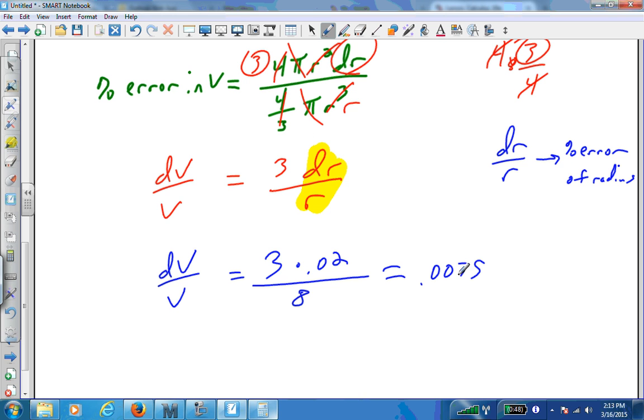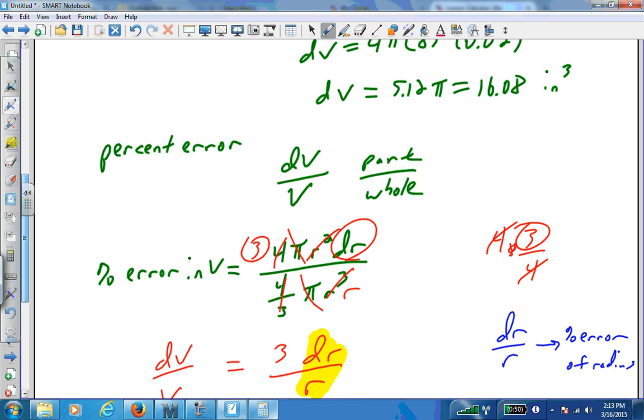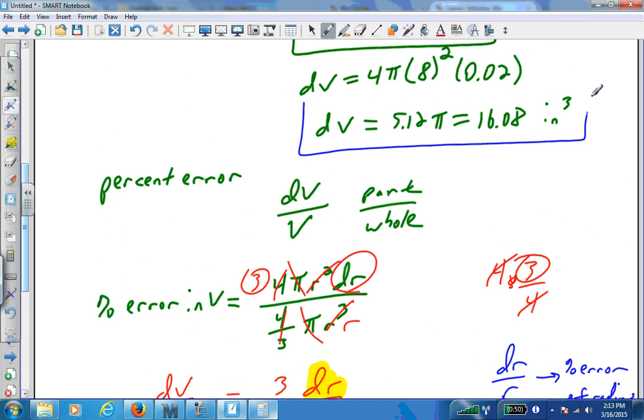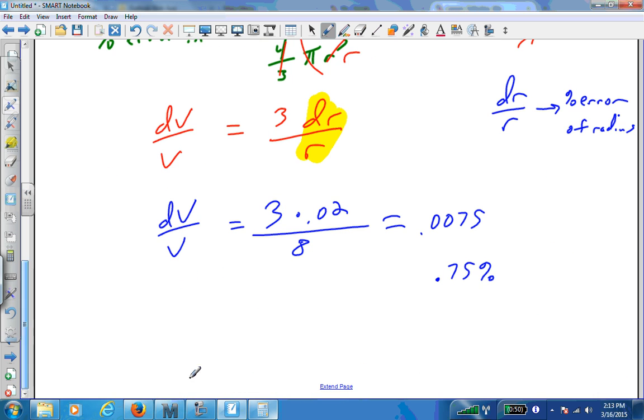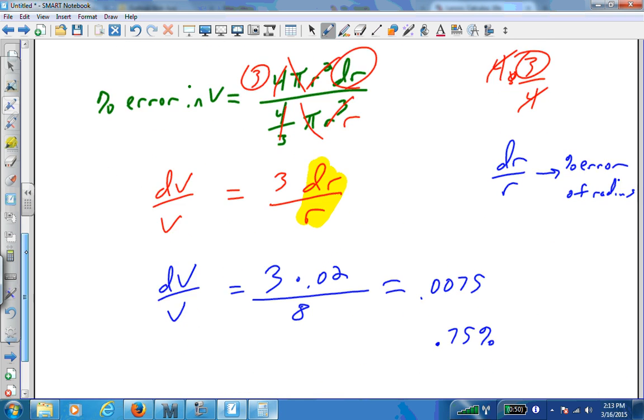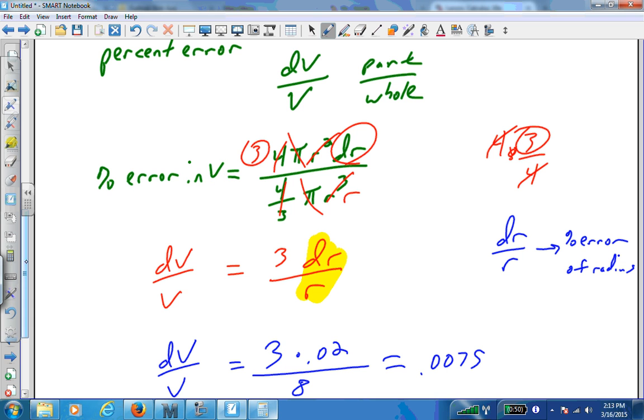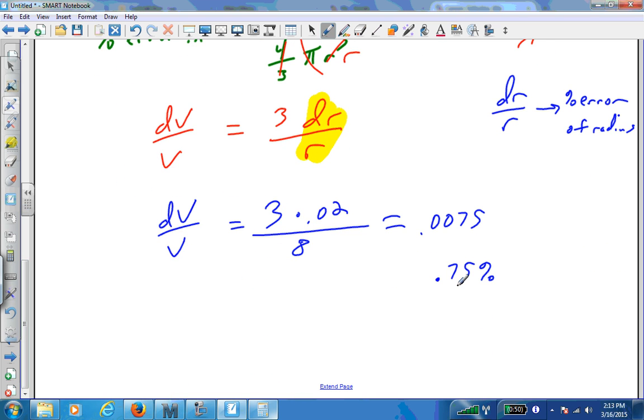That's a decimal, or as a percent, 0.75%. So the error that we get when we calculate the volume, that's less than 1% of the actual volume. So percent error in volume, that's compared to the whole volume, how much is my error? Well, the error is less than 1%. It's 0.75%.